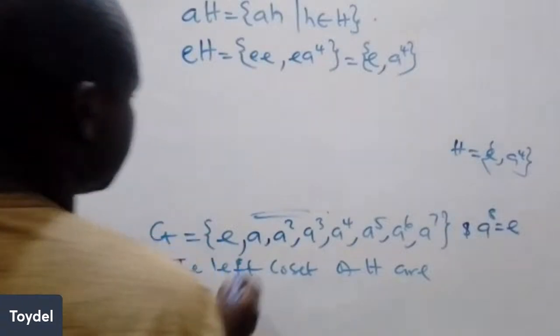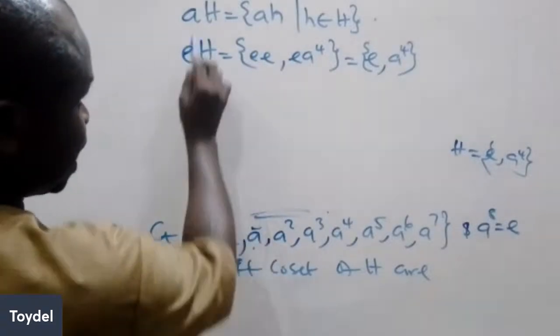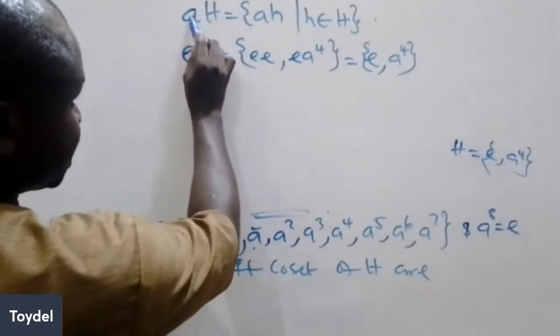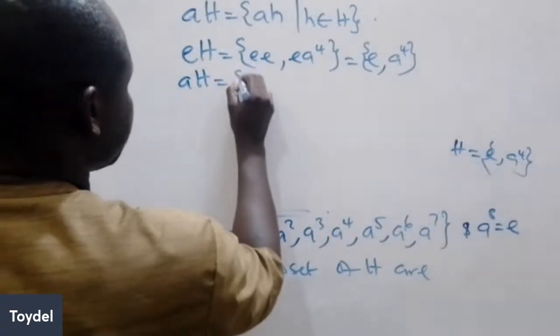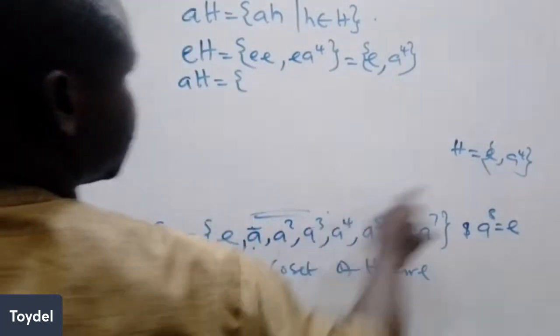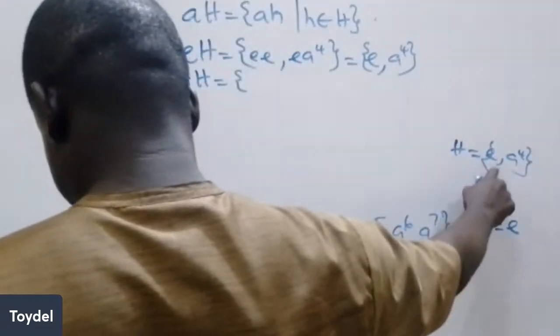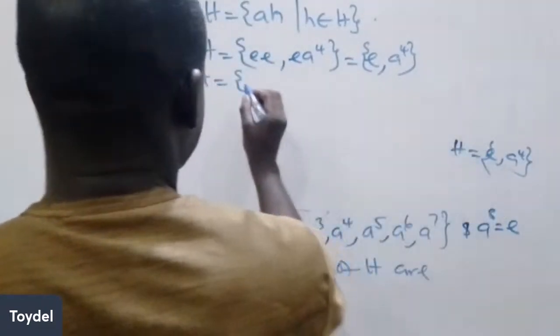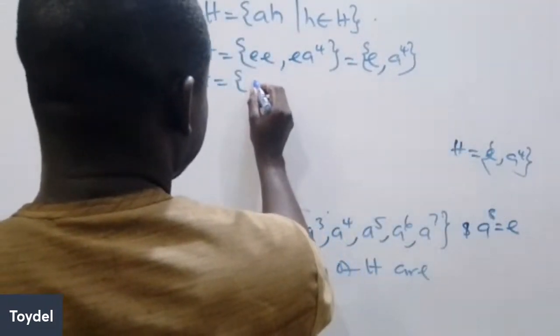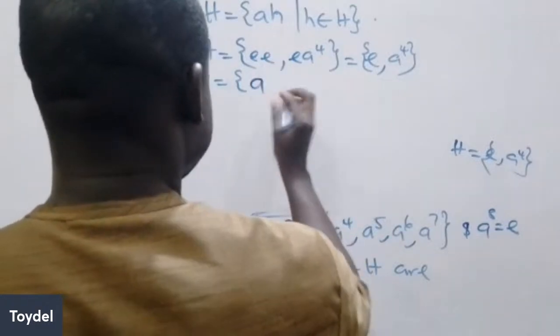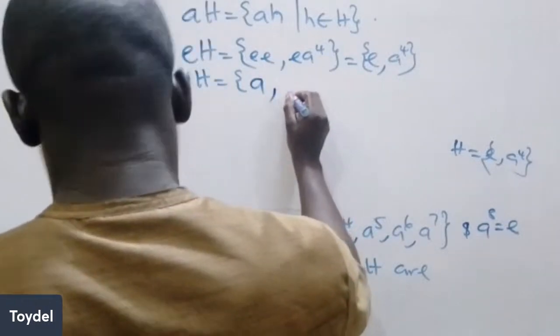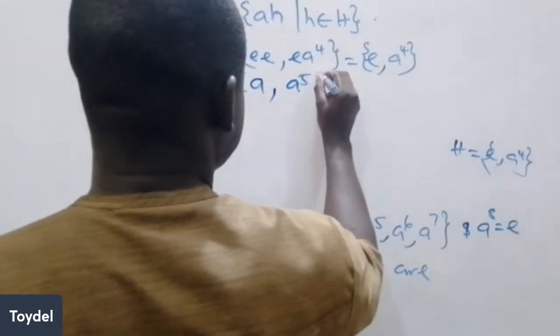The second one is where we have A. AH will now be, it has no effect, you view this as identity: A, comma, A raised to power 5.